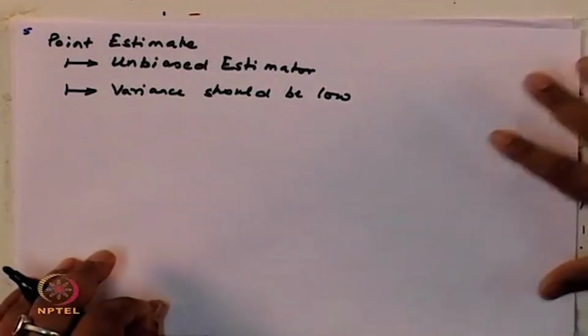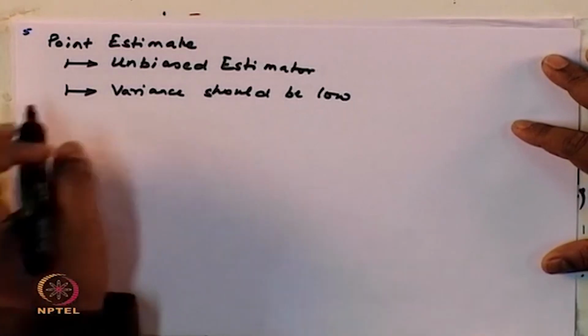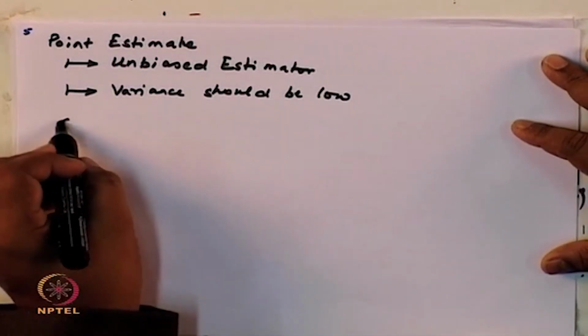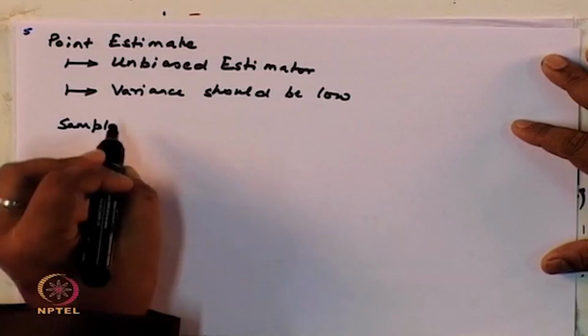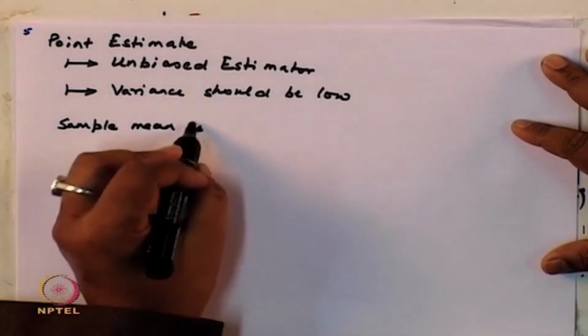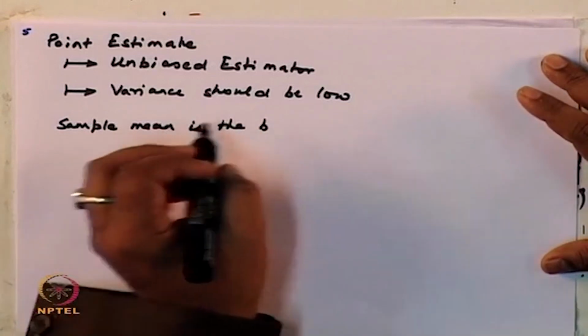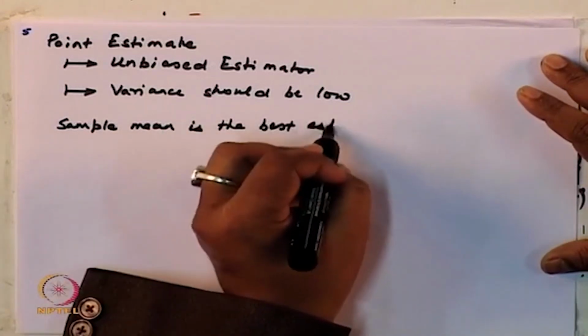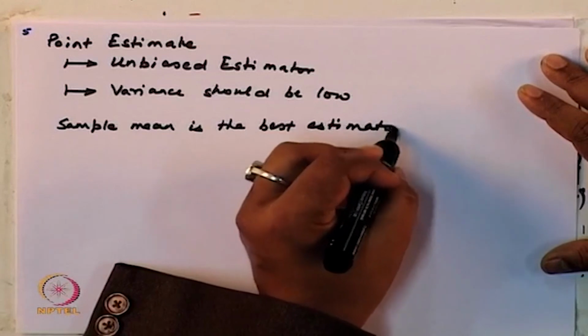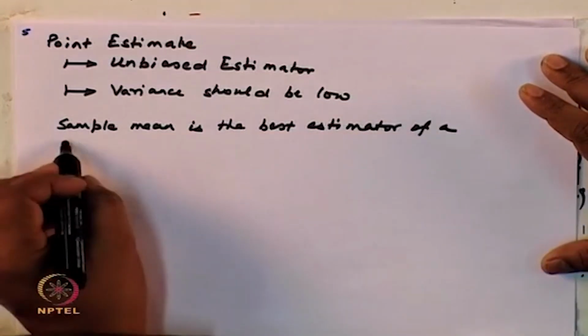Clearly, in our case what we found was that the sample mean is the best, or one of the best, estimators of the true value of a parameter.